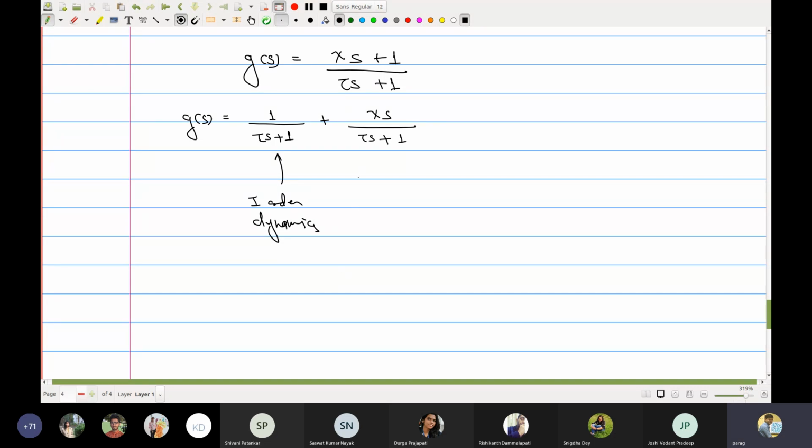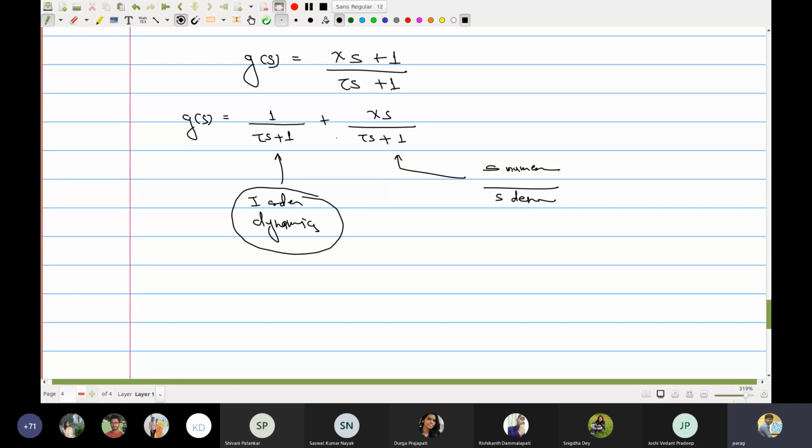Okay, fine. Let me now see the effect of this part. How does this part look? This part has an s in the numerator and s in the denominator, right? Which means that if you have a contribution only from this particular part, you can expect the system to simply show first order dynamics.